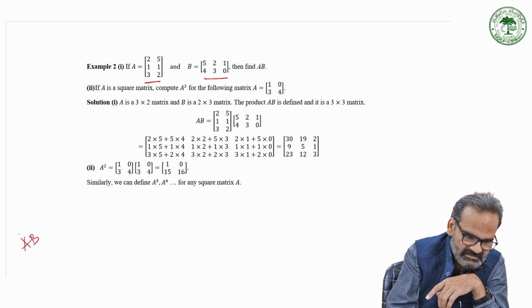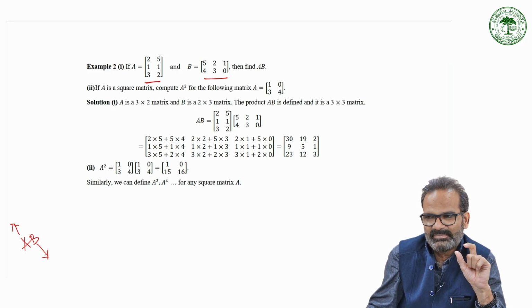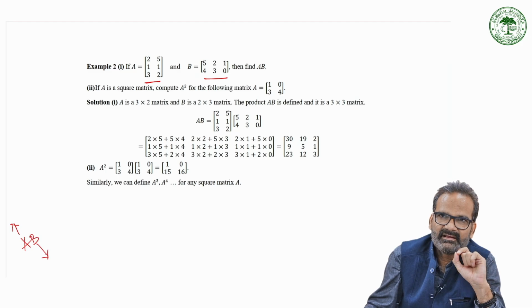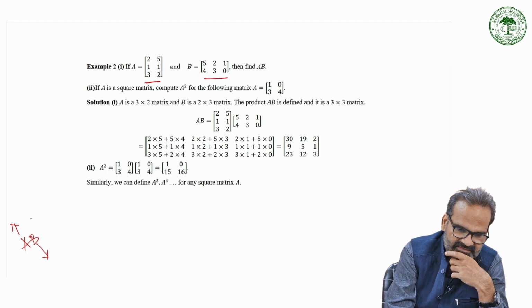AB means the columns of A should be equal to the rows of B. This is the basic prerequisite condition under which two matrices A and B can be multiplied, right? So what is the order of A? A contains 3 rows and 2 columns. B contains 2 rows and 3 columns, right?